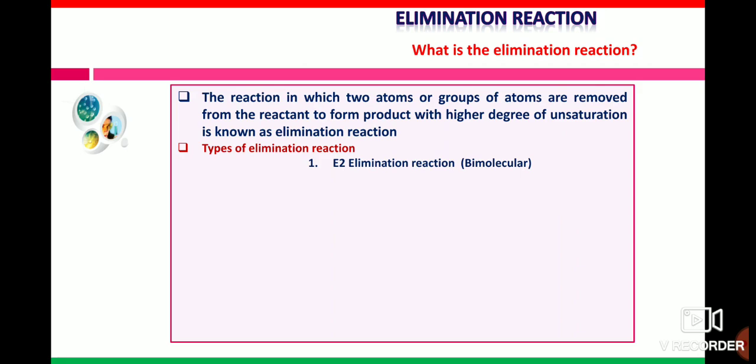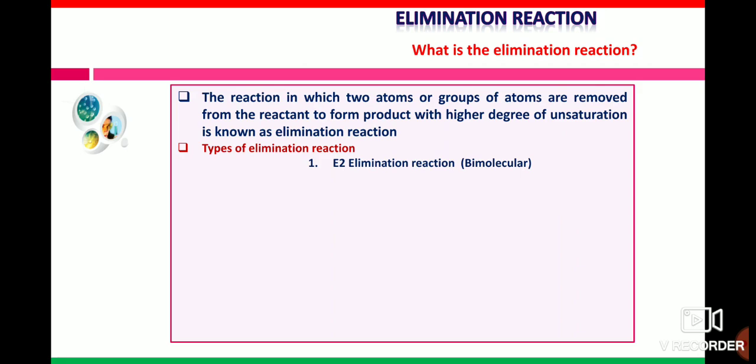as beta elimination reaction. In elimination reaction, there are two bond breaking steps and one pi bond formation step.